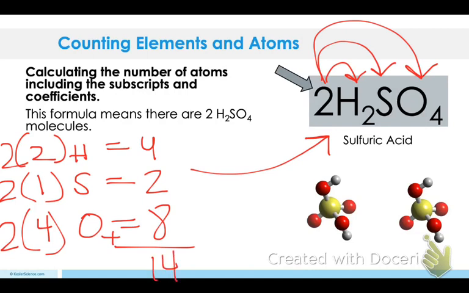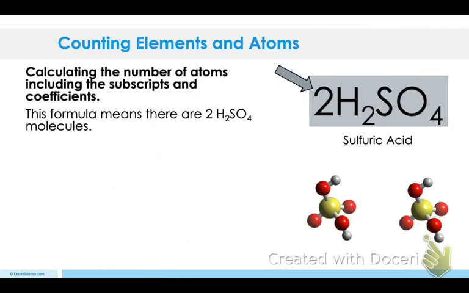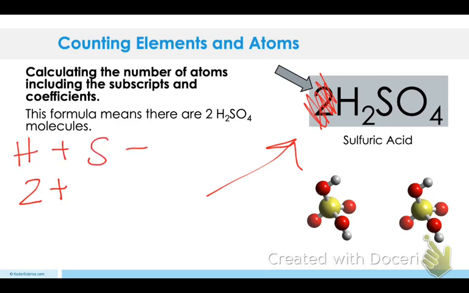14 atoms. Alright, the other way you can do it is, again, erase that 2 for a second. I'm just getting rid of it. I have 2 hydrogens, 1 sulfur, and 4 oxygens.